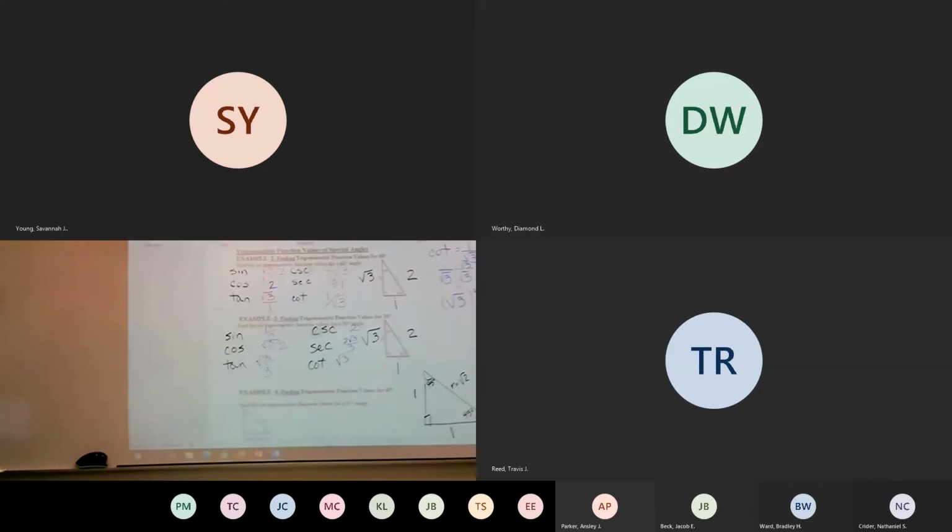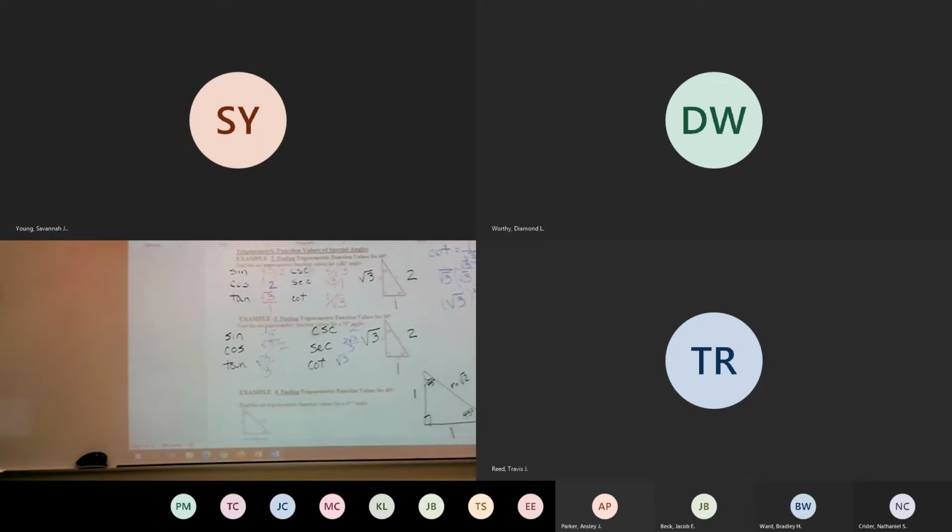Then tangent's going to be opposite over adjacent, 1 over 1, which is going to equal 1. Then what's going to happen?